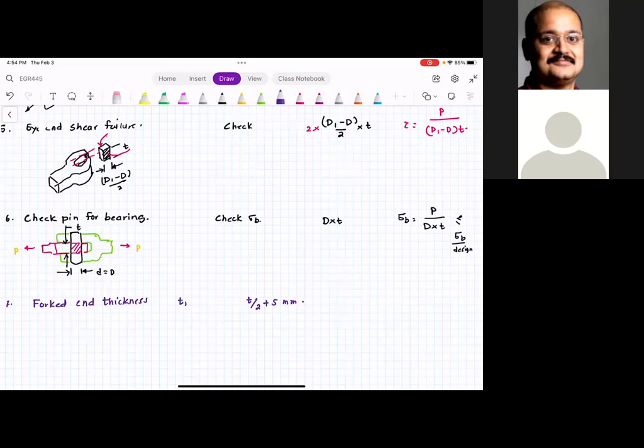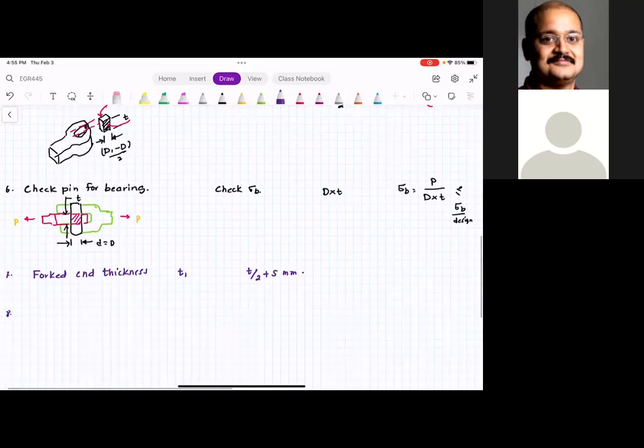Then we check the fork end for shear failure. This is again to check, and we use the dimension 2 times T1 minus small d, and please note here there will be T1.